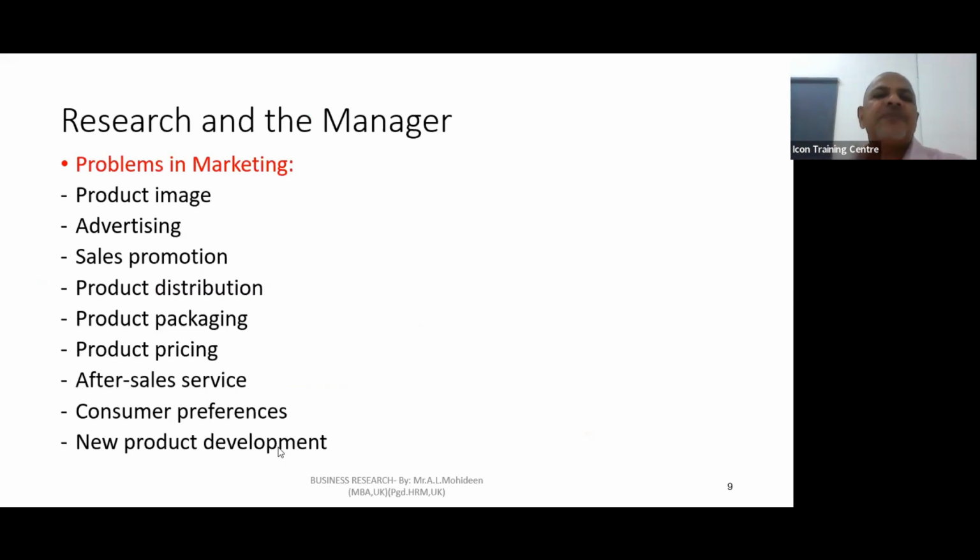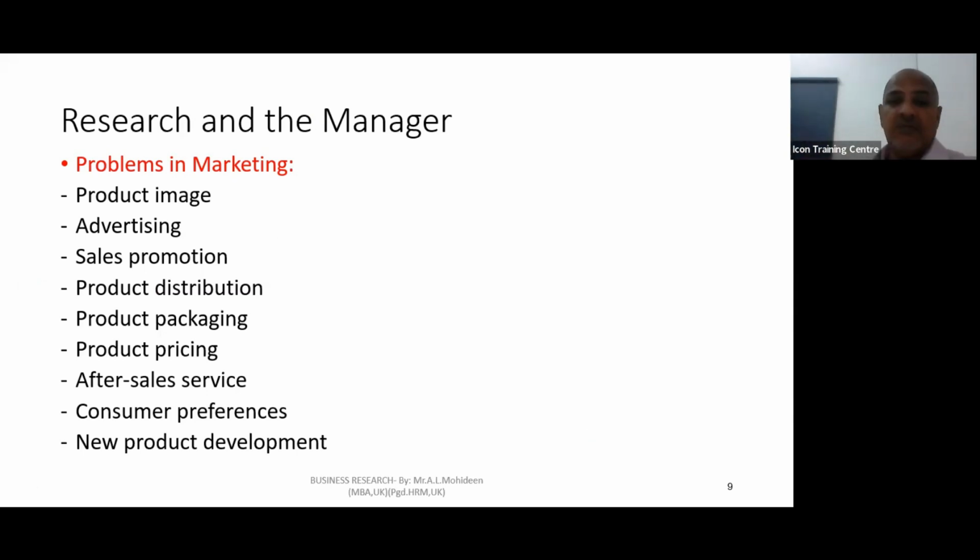So these are the researches and the managers who are identifying problems in the business. Take one area, the product marketing area. In that area, can you look at the problems?